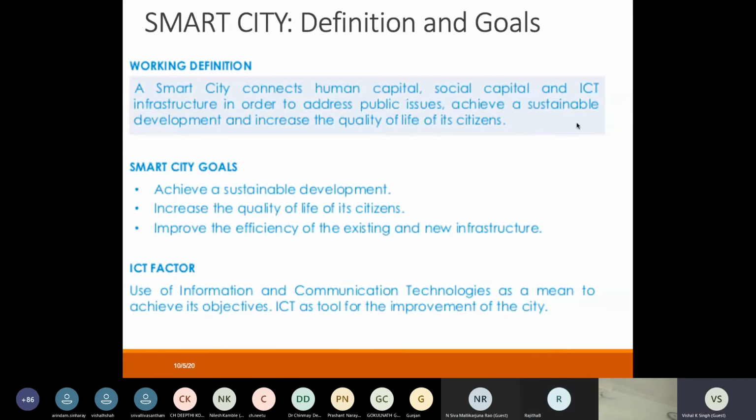So as I said, the applications of wireless sensor networks are huge. Not only in surveillance systems, not only in environmental monitoring, not only in traffic monitoring, not only in smart city, not only in industry.